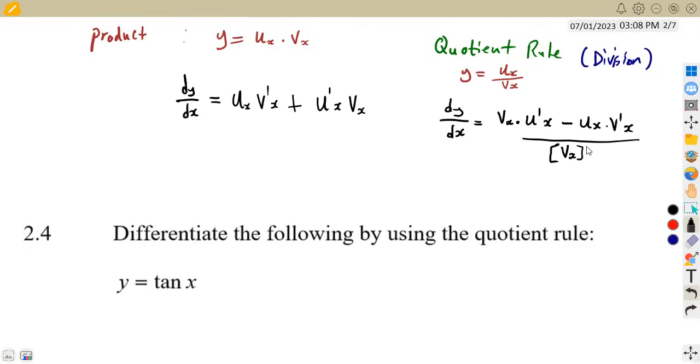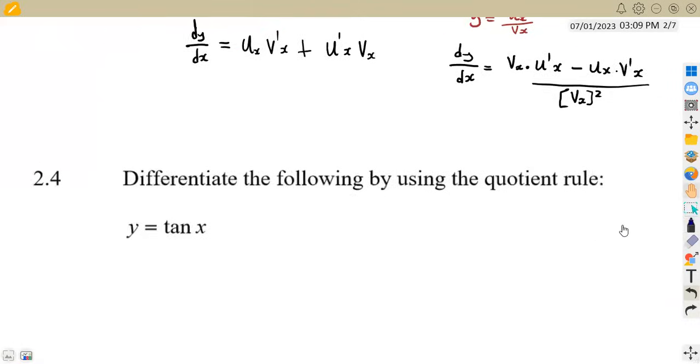You're also given this in your formula sheet. All you need is to understand what exactly the formula represents and how to apply it. As you can see, it's a division. This is the u part of your function and the v part is in the denominator. Always it's taken like that.